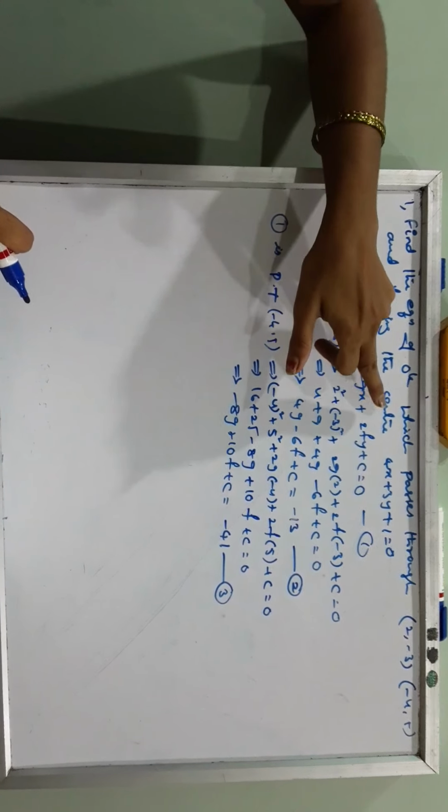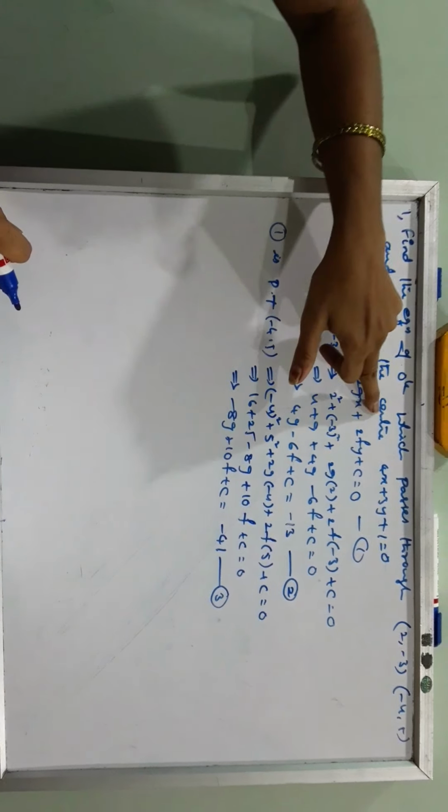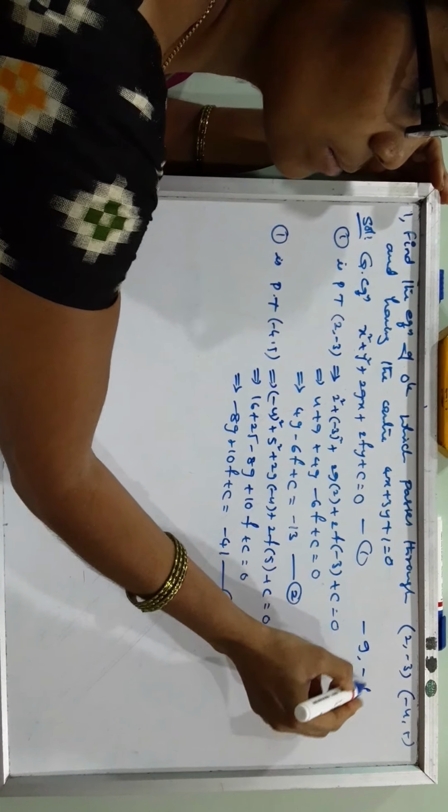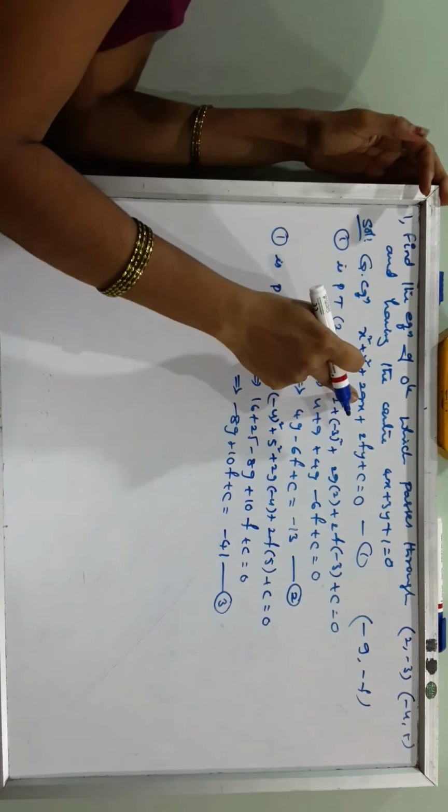Now, the given center: from equation 1, the center is (-g, -f) from the general equation.